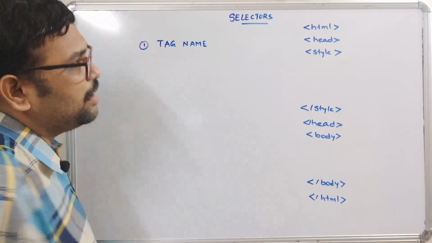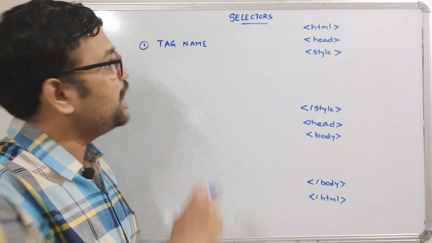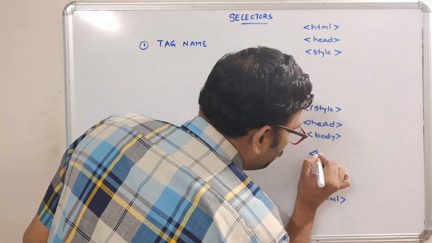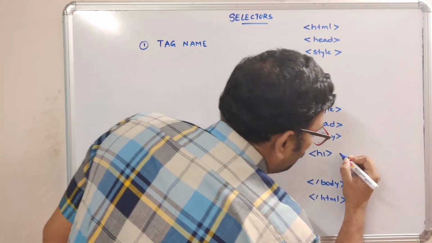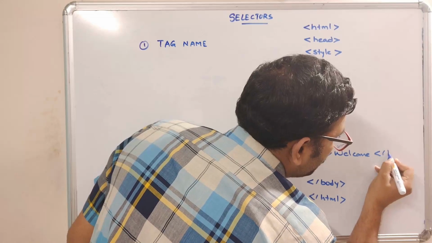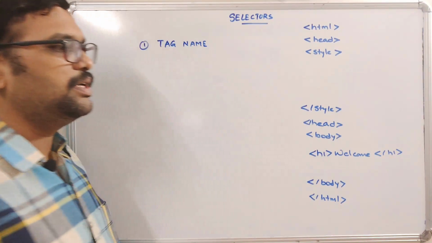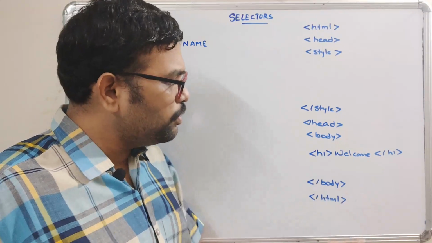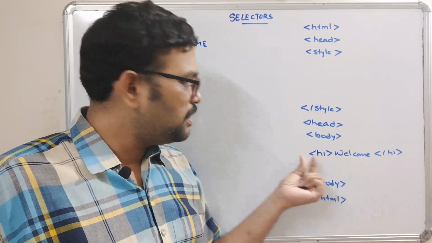And the first one is applying the CSS with the help of tag names. For example, in our body, I just want to give some h1 and welcome, close h1. I just want to display this kind of text, and I want to apply the CSS for this tag h1.